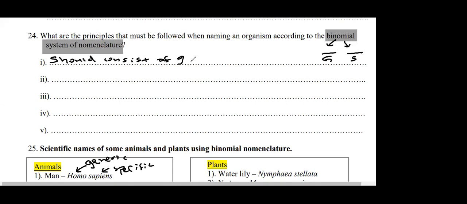Or you can write: should write generic name first and then the specific name.